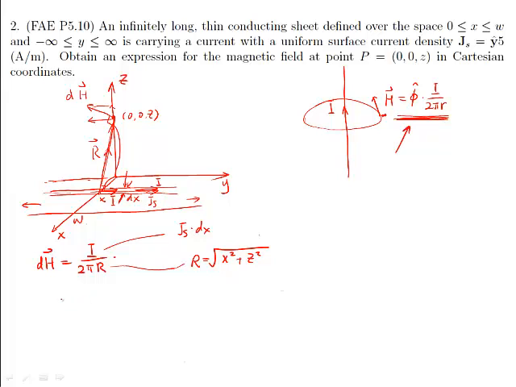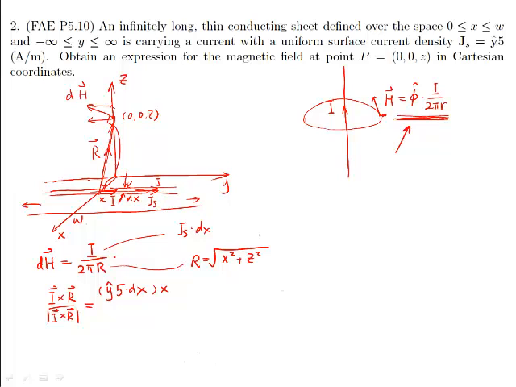Now we need to find out the direction for dH. Since we know that it follows the right-hand rule, its direction can simply be given by I cross r, normalized by its own magnitude, so that we get a unit vector. So for the current I, we know that it has a direction of y hat. You can add in the Js dx, but it will all cancel out, so it doesn't really matter.